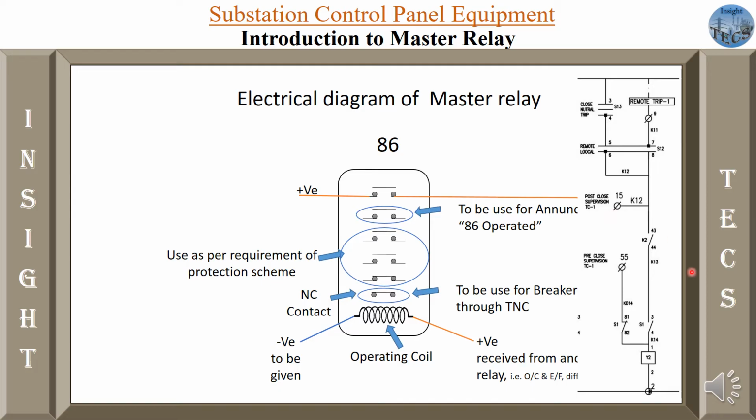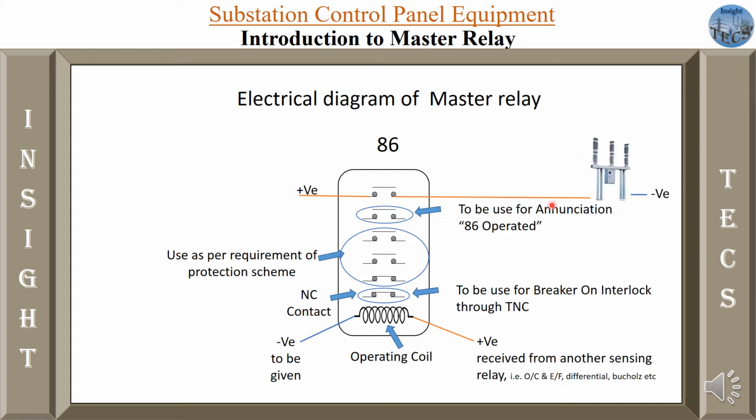In the tripping circuit there is a terminal, terminal 15, that is post close supervision TC1. So you have to connect this wire in the trip circuit at this point, and through the tripping coil it will send the tripping command to the circuit breaker. Okay, so that is how it works for one of the NO contacts.